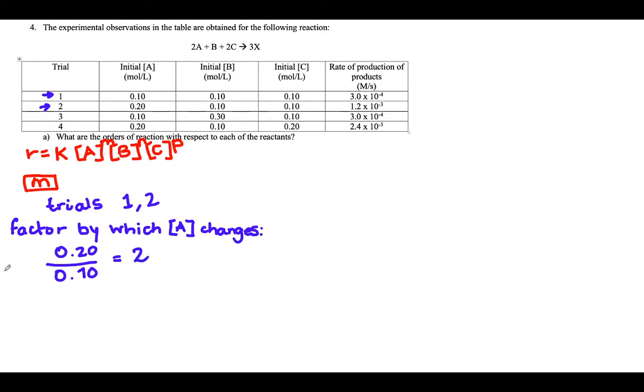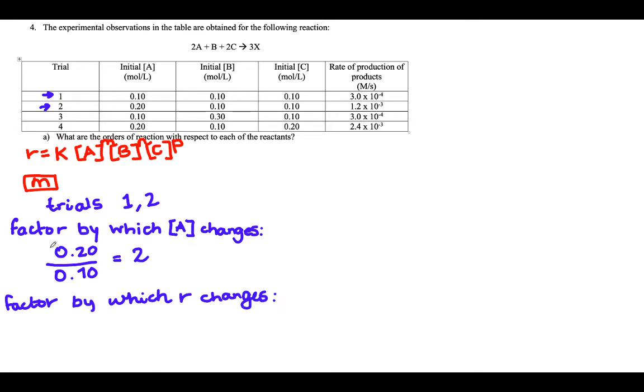Okay. Now, I'm also going to look at how the rate changes between those 2 trials. So, factor by which R changes. And I'm going to do the exact same thing.